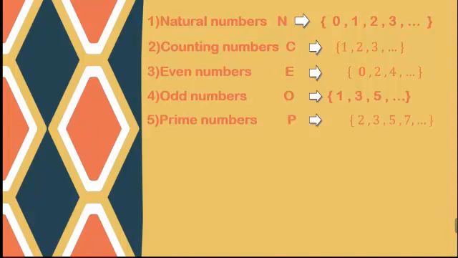And I told you, what is the definition of a prime number? Who can tell me? Yes, super. The prime numbers have 2 factors, 1 and itself. So 1 is not a prime number. Don't forget this, okay? Now we have 5 sets. You have to know them well.